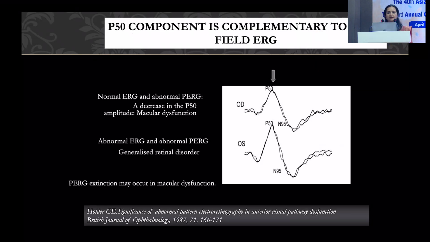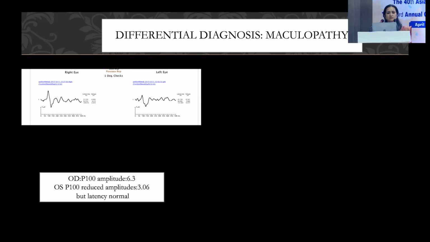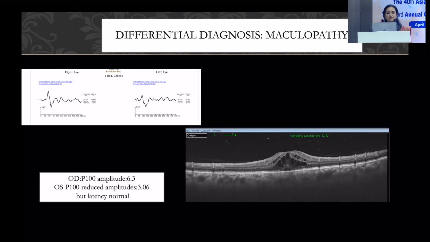Just as I said, if you have a full field ERG which is normal, but P50 which is down, it is a clear indication of a maculopathy. So it complements full field ERG. And most important, you may think, why not pattern VEP as well? So here, look at it. This is just macular edema, but what is happening to pattern VEP?